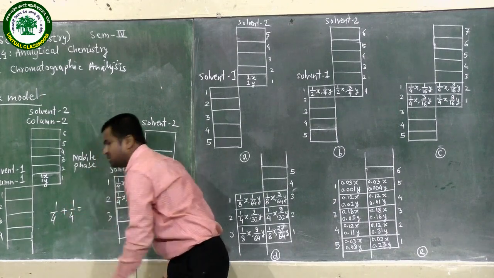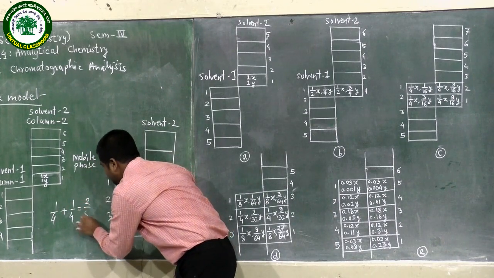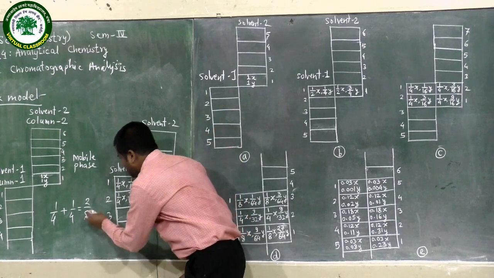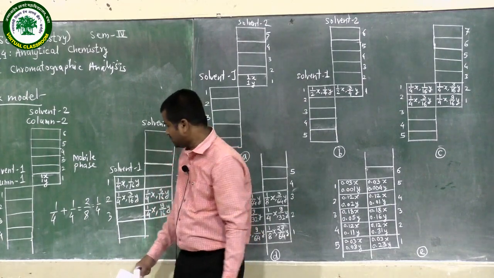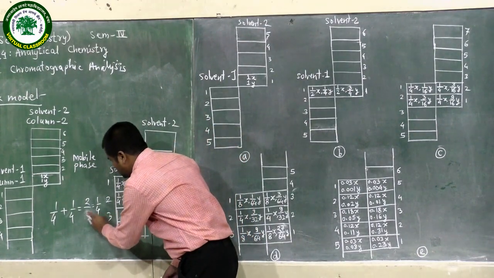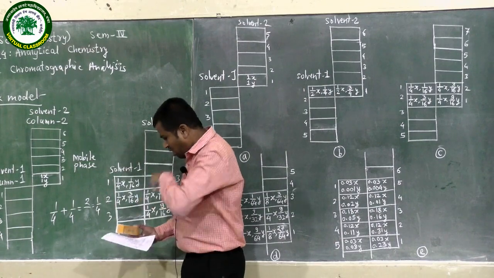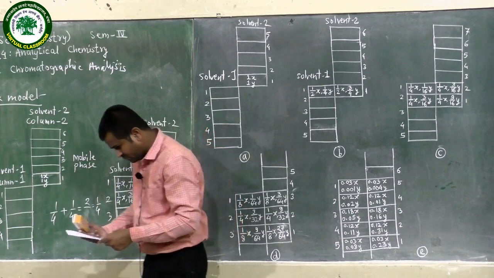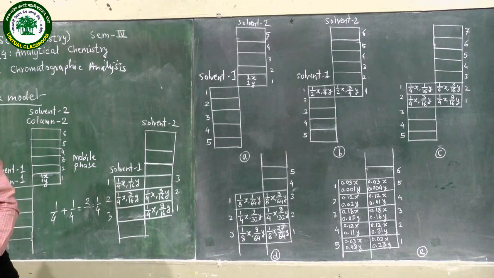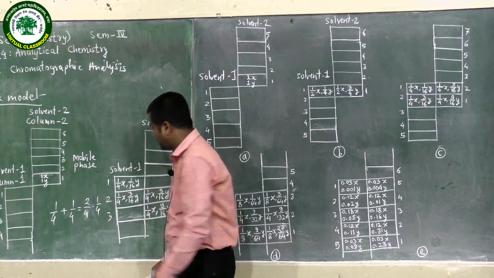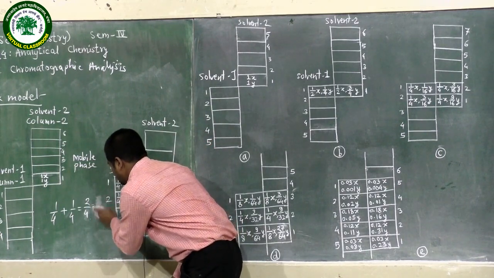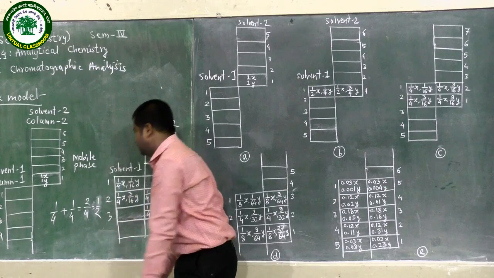Now here we have 1 by 4x, 1 by 4x. So the summation of these is 2 by 8, or that is 1 by 4... sorry. So here we have 1 by 4, 1 by 4, so 2 by 4, that is 1 by 2.